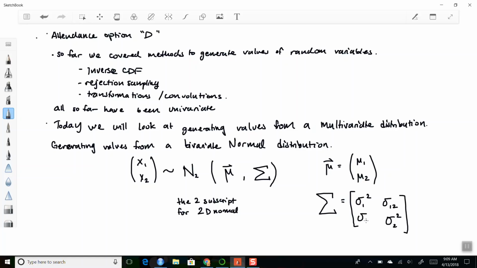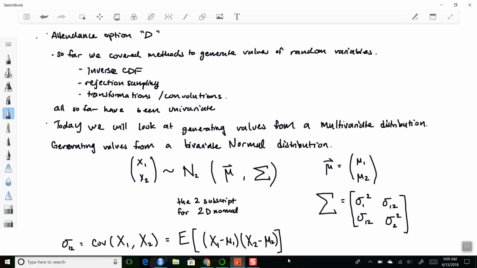The covariance, right? This is the covariance of your random variables x1 and x2, which is equal by definition to the expectation of x1 minus mu1 times x2 minus mu2.